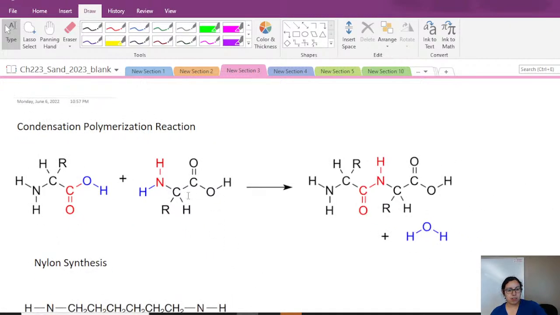All right, so let's look at a general polymerization reaction. You might have to identify what could make a polymer on your exam or something. So what you're looking for is, what's this group? What was that group called?